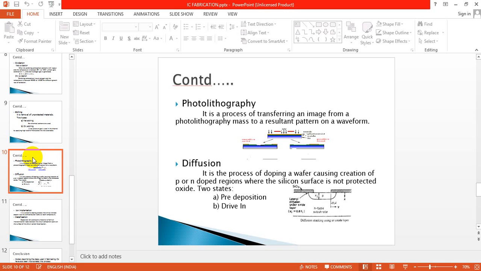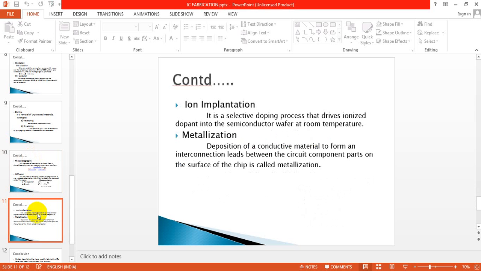The sixth step is ion implantation. It is a selective doping process that drives ionized dopant atoms, either boron, arsenic, or phosphorus, into the semiconductor wafer at room temperature.